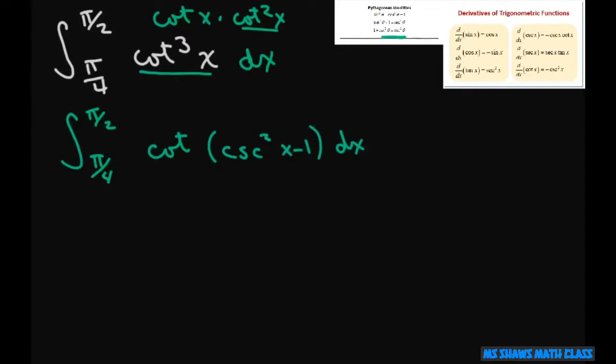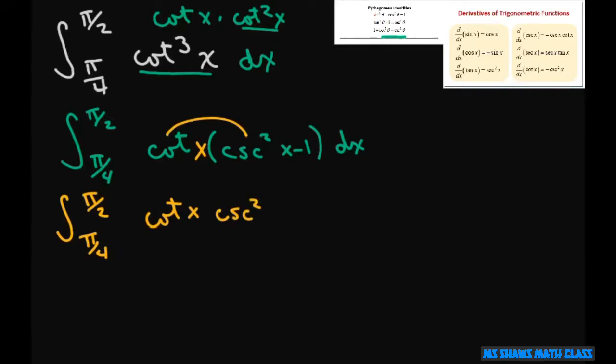All right. Then I'm going to distribute, from pi over 4 to pi over 2.